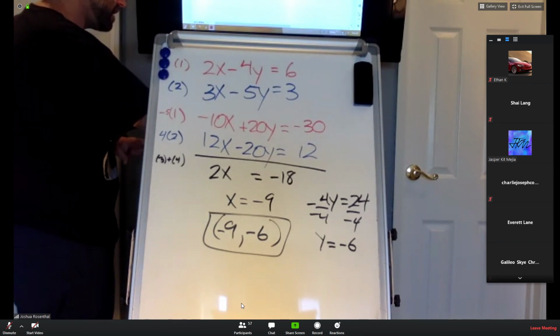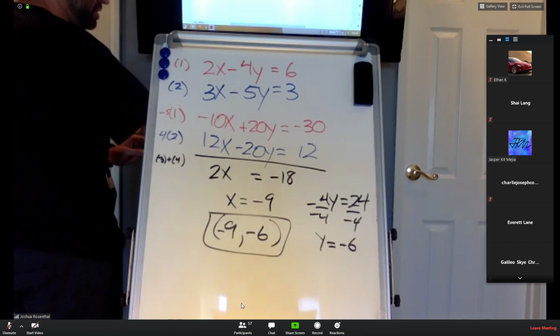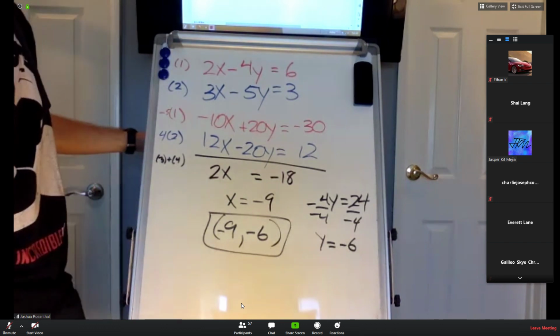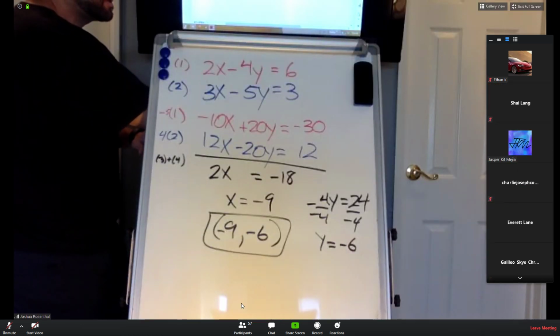All right. If you solve a system of equations and the result is a false statement, the system has no solutions. We already talked about that. When is there no solution? When the two lines are what? Parallel. They never touch. So there's no place where they intersect. And if the result is a true statement, then the system has infinitely many solutions.